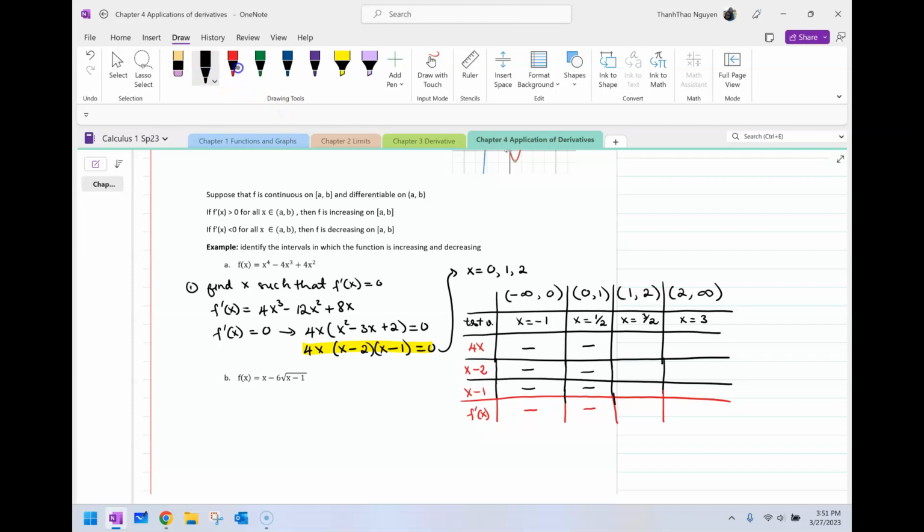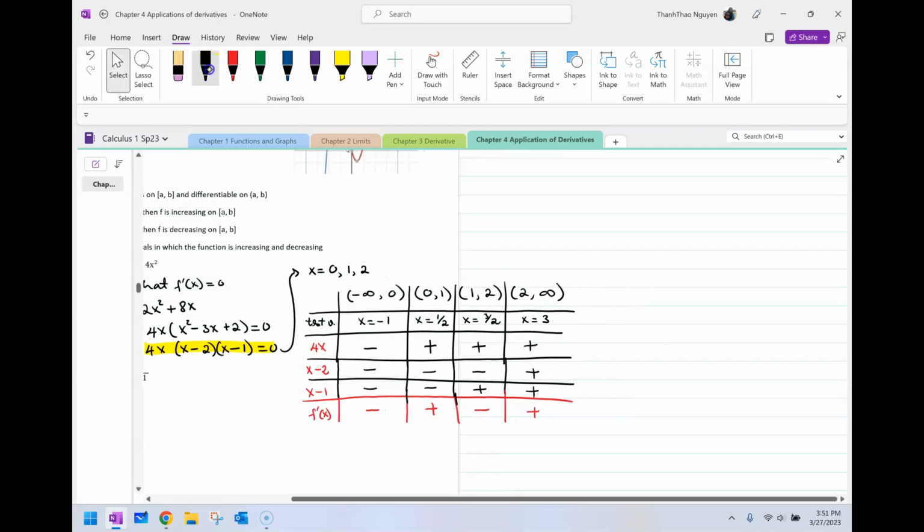But we look at 3/2. This is positive here. So then this is positive. So positive, negative, positive. So this is negative. Positive, positive, positive. So then this is positive.